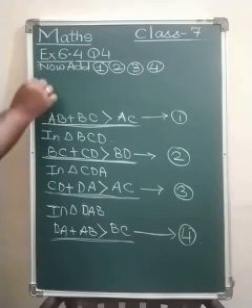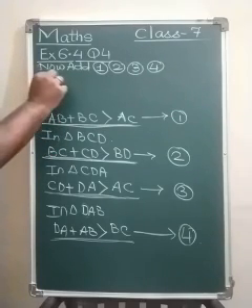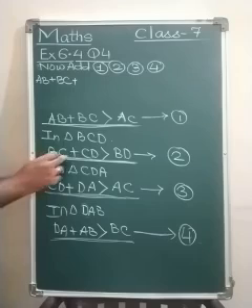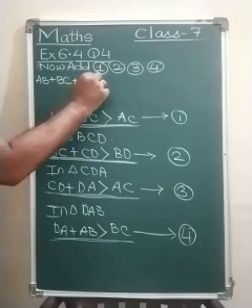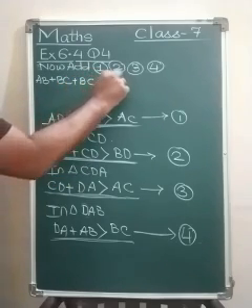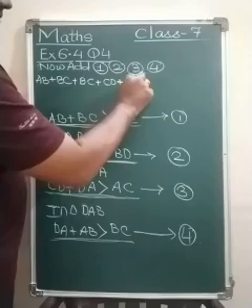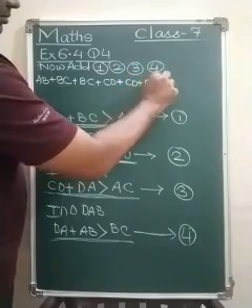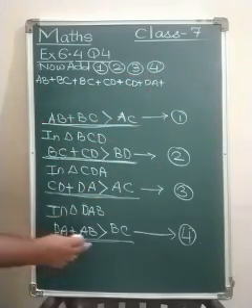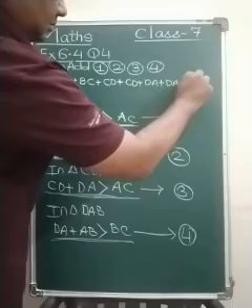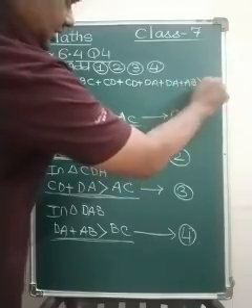So first here AB plus BC, plus BC plus CD, plus CD plus DA, plus DA plus AB is greater than.